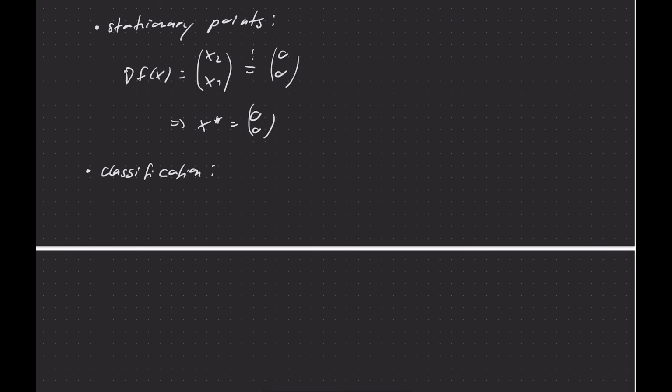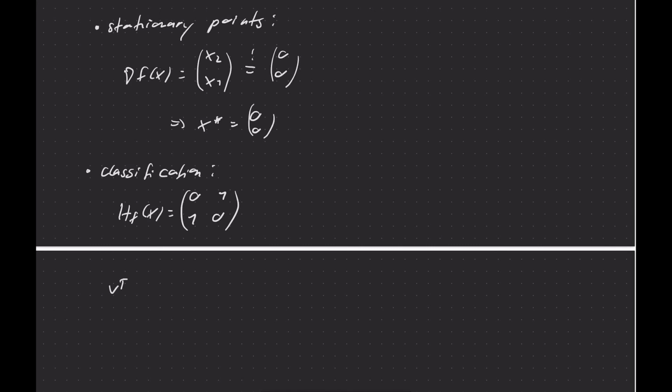For the classification, we need to compute HF, the general Hessian. So first we take the derivatives of the first row of the gradient with respect to x1, that's 0. With respect to x2 we get a 1. And for the second row it's 1 with respect to x1 and 0 with respect to x2. So that is again a constant Hessian.